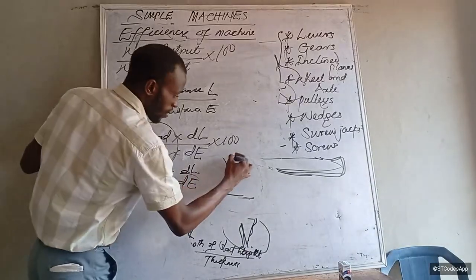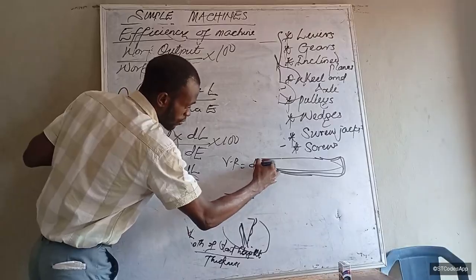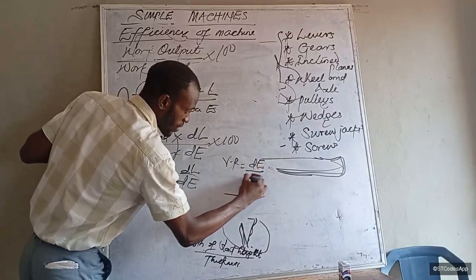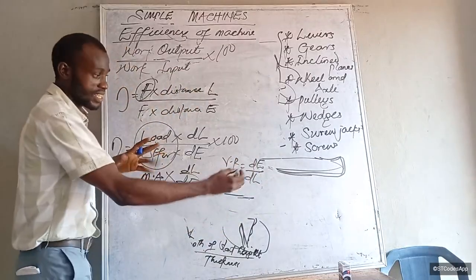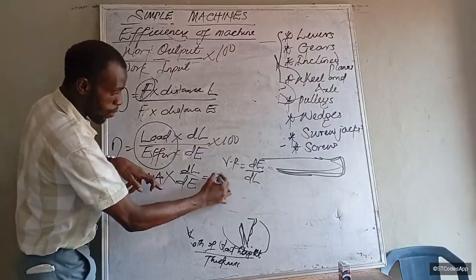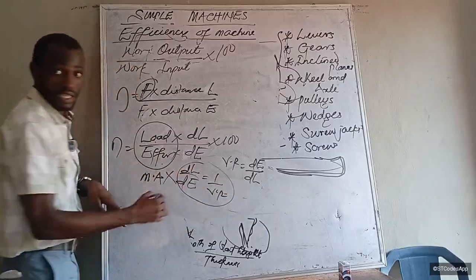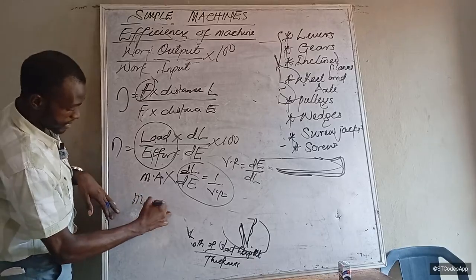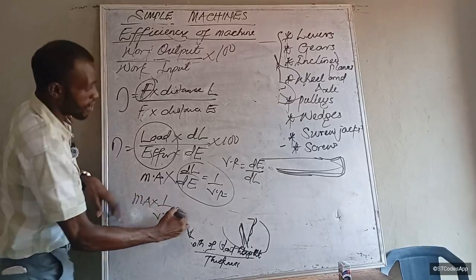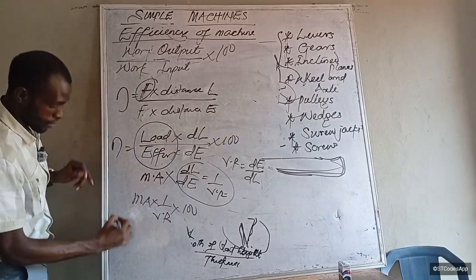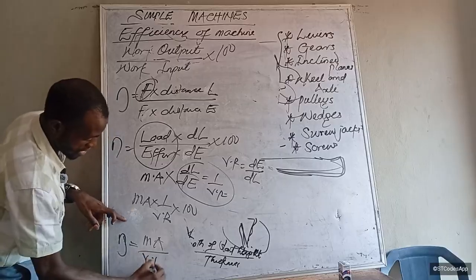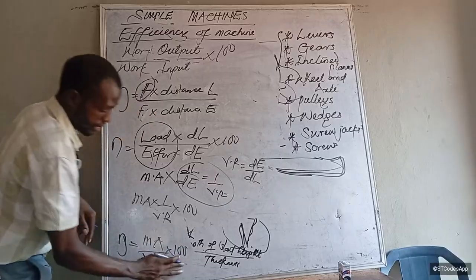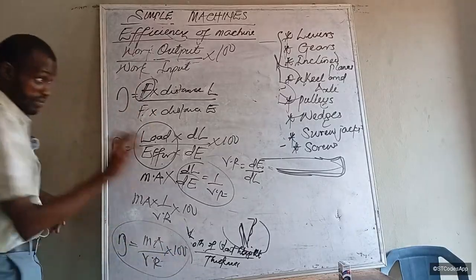You remember that velocity ratio is distance moved by effort over distance moved by load, so it's as if we inverted it. So this thing is actually 1 over VR. So MA times 1 over VR times 100. So efficiency becomes MA over VR times 100. Is it clear? So this is the final formula.